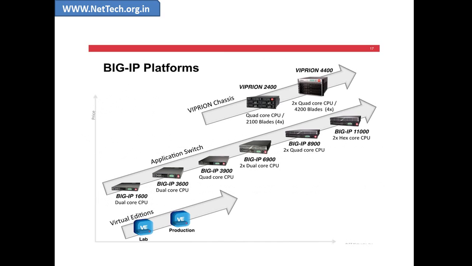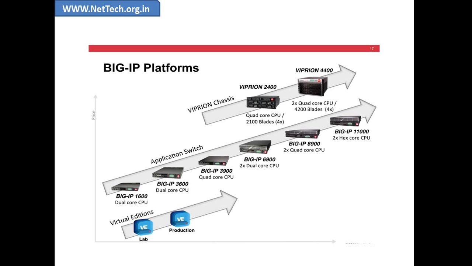Big IP platforms include virtual editions for lab and production environments, and appliances starting from the very basic 1600 up to the 11,000 series, and VIPRION chassis, especially designed for the data center.